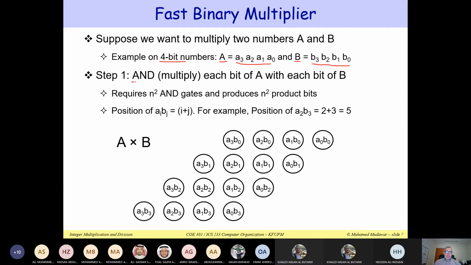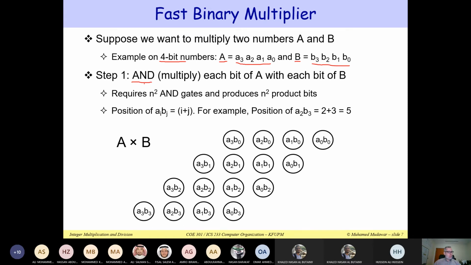Okay, so when you would like to multiply, how do you multiply 2 bits? Well, 0 multiplied by 0 equals 0. If you just take 1 bit of A and 1 bit of B, and I would like to multiply A0 by B0, I just multiply 1 bit by another bit. So 0 multiplied by 0 equals 0. 0 multiplied by 1 is 0. 1 multiplied by 0 equals 0.